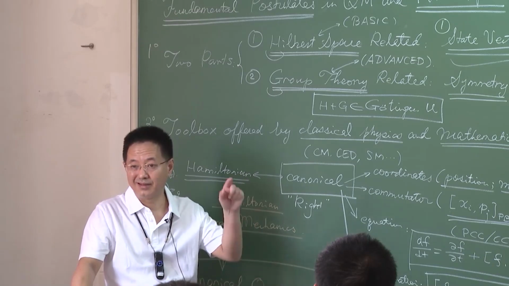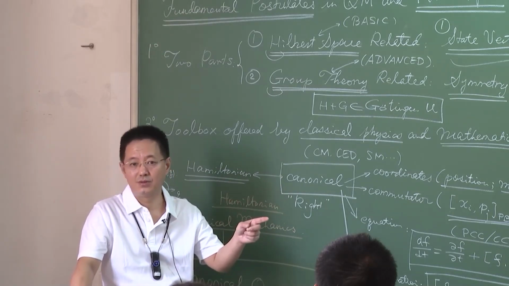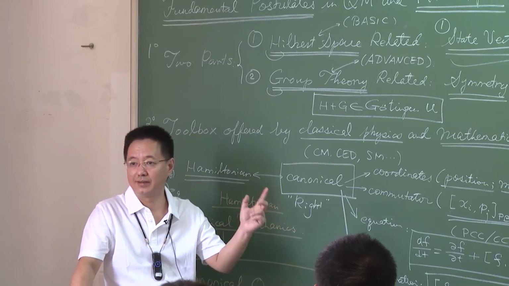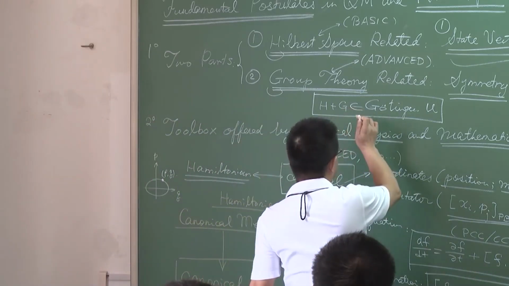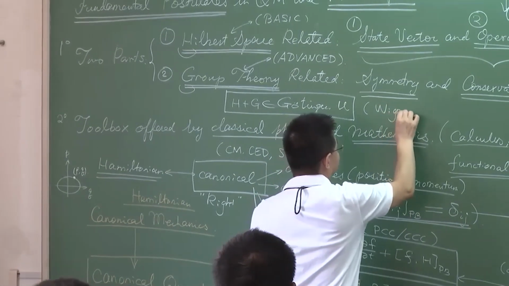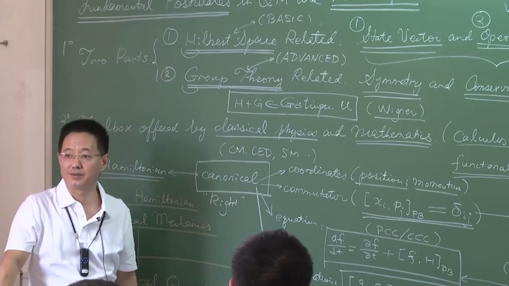At that time, a very famous young professor, Max Born, was also working at Göttingen. The application of group theory came from Wigner, and this guy is Hungarian.